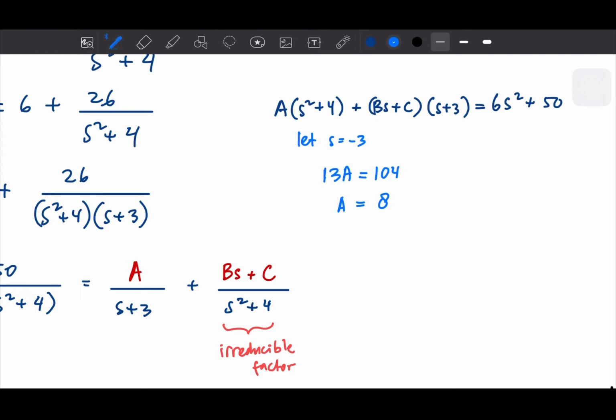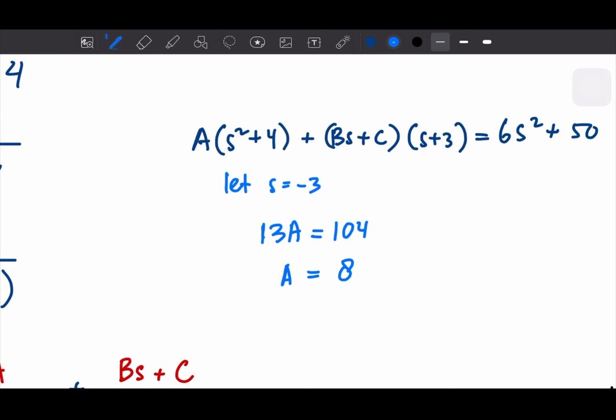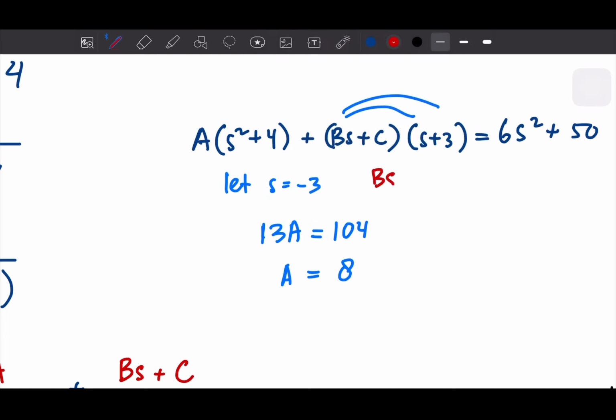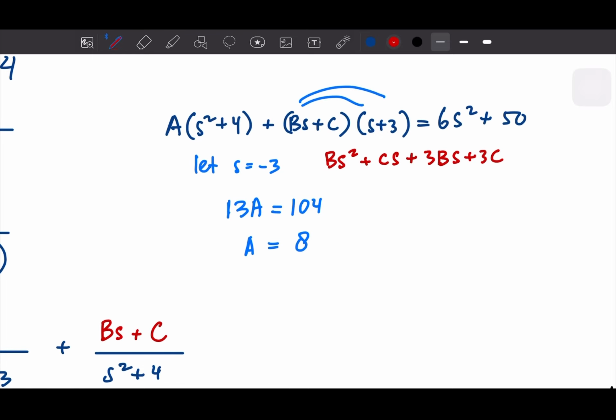And I think for b and c we need to multiply all this stuff out. So let me change color. So bs squared plus cs plus 3bs plus 3c. And this one is as squared plus 4a.